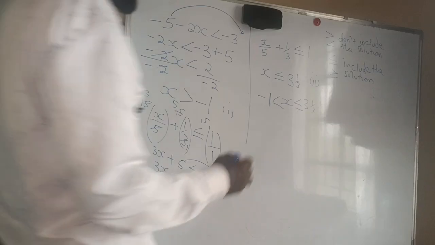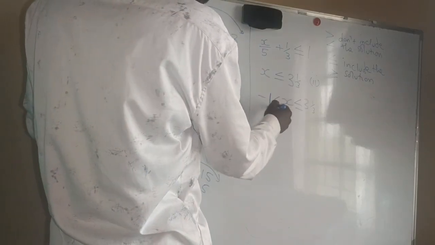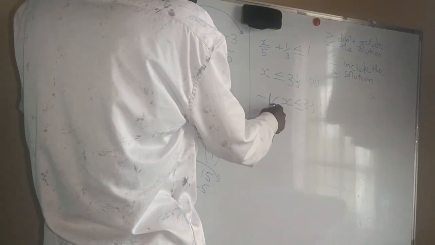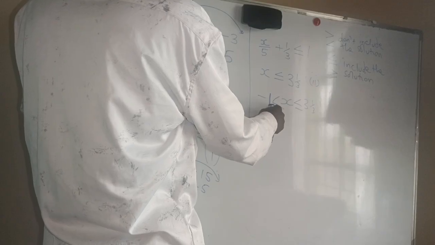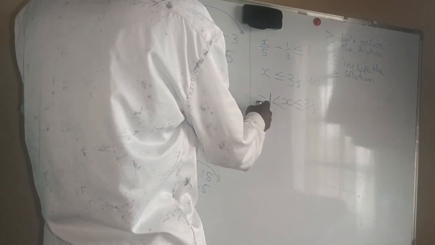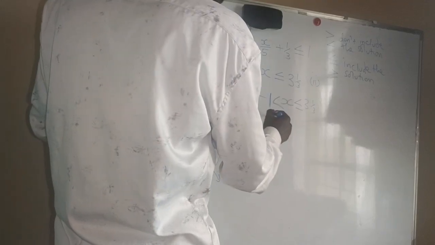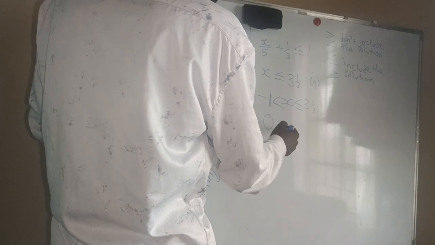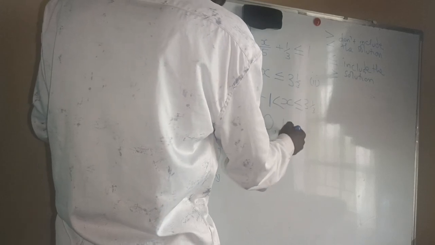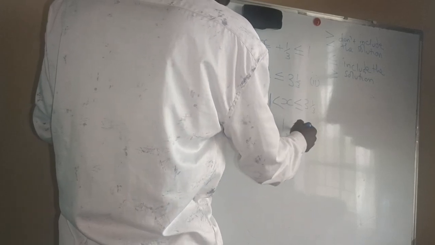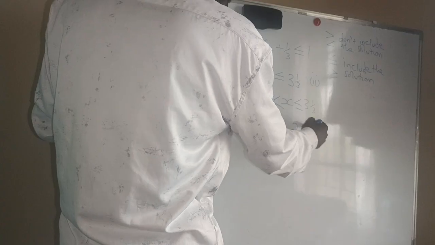Now we shall proceed from this end. Our inequality is less than. So you can't capture -1. So from -1, what do you go to? You go to 0, then from 0, 1, from 1, 2, then 3, and 3 and a third.